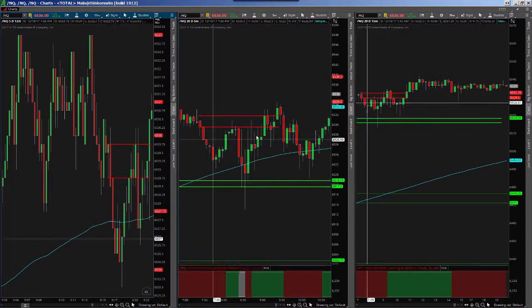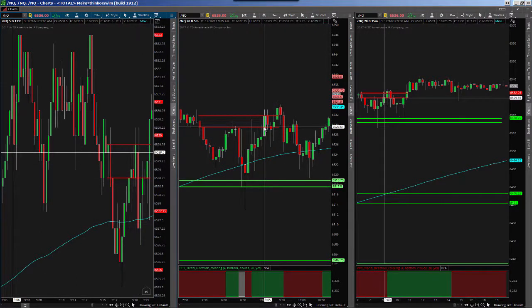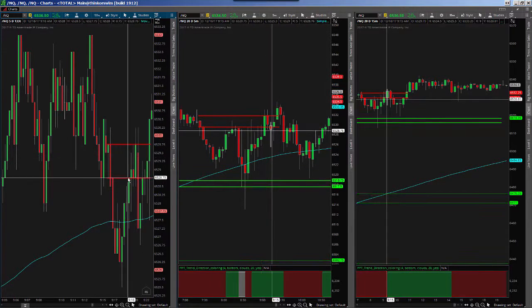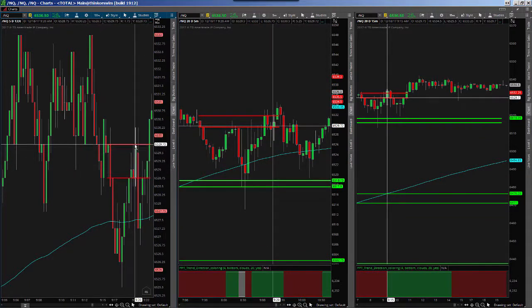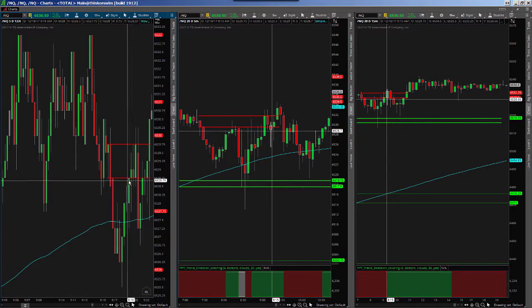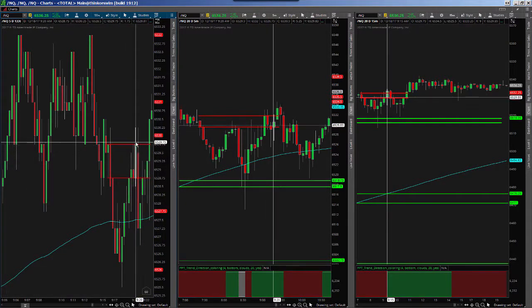The bottom of my 5-minute or 15-minute zone has to be within 2 ticks of the tick chart zone. So you can see the bottom of the zone is 29.50 on both 5 and 15. The bottom of this zone is 28.75, so that is not within 2 ticks, but this one up here is. So I can't take a trade down here at this part of the zone, but I can take one up here.